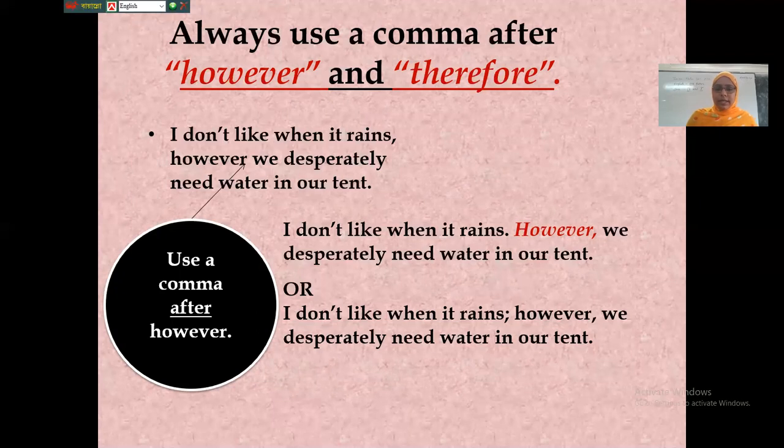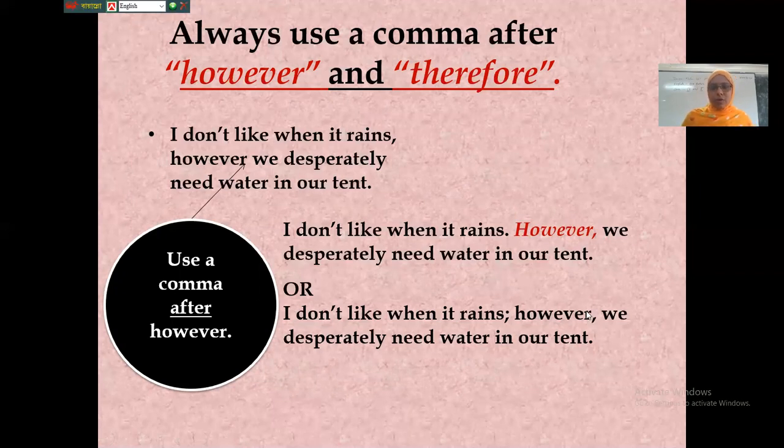The students, here is a rule, however. If you use however, you must use a comma. Or, I don't like when it rains, however, we desperately need water in our tent.